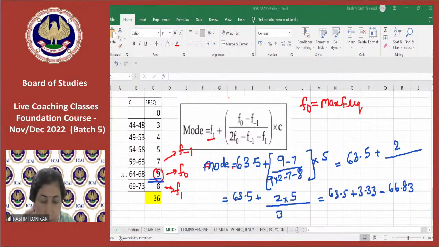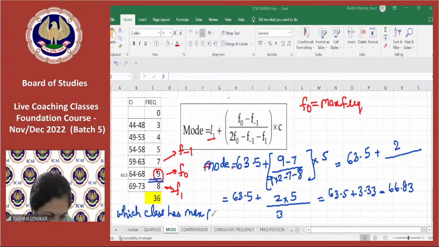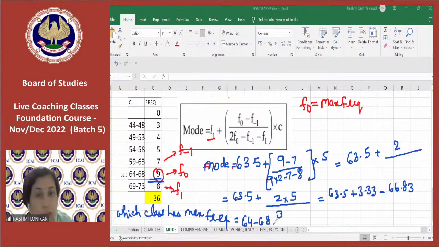Why is this my mode? Because this is the highest frequency. All other frequencies are less. So 9 is the highest frequency. Which class has maximum frequency? That is 64 to 68.